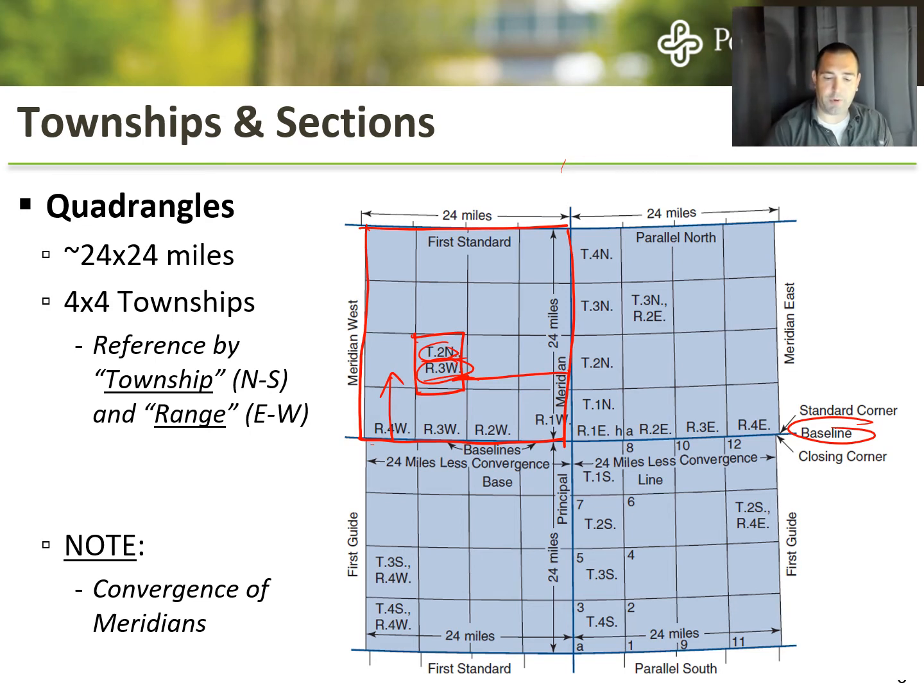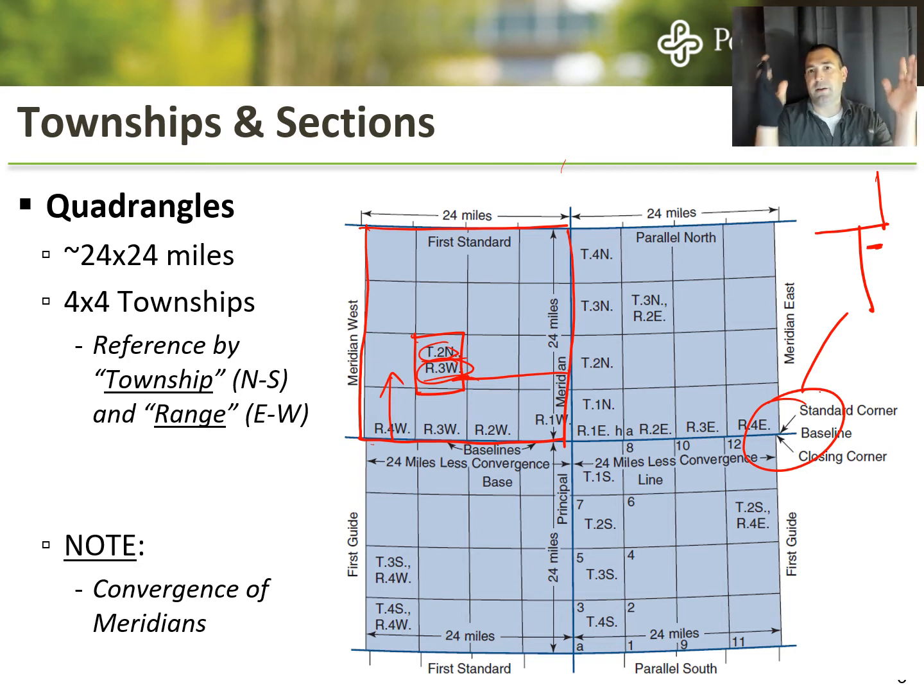The other thing that I want to point out is that on this right side, we have a standard corner, a baseline, and a closing corner. If we were to zoom in there, we would have something that looks like this at that corner. The reason that we have this gap right here is because of the convergence of meridians.